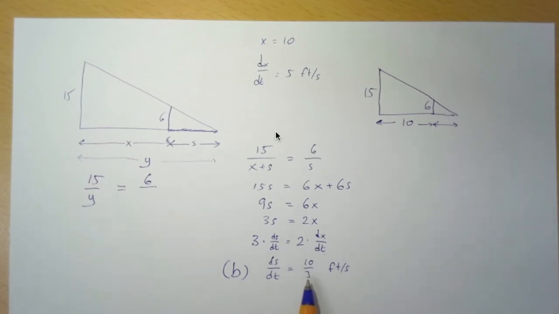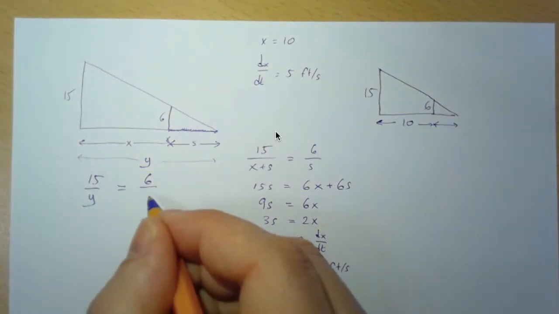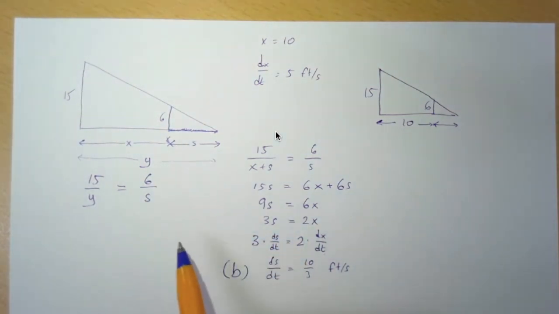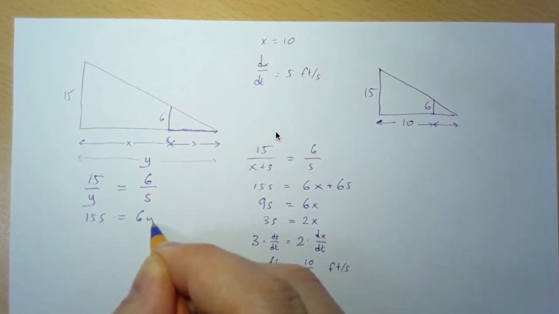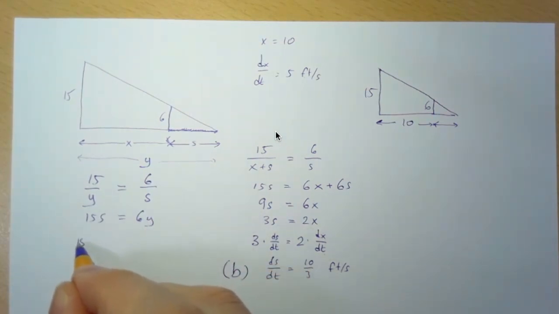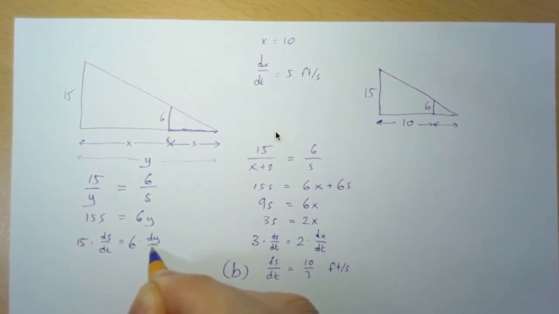Was I solving a first, then I would kind of be bound to write y minus x. But since we solved b first, let's show how convenient it was to solve b before a and write it as 6 over s. Cross multiply: 15s equals 6y. I take the derivative: 15 times ds dt equals 6 times dy dt, and therefore dy dt equals 15 times 10 over 3 all over 6.